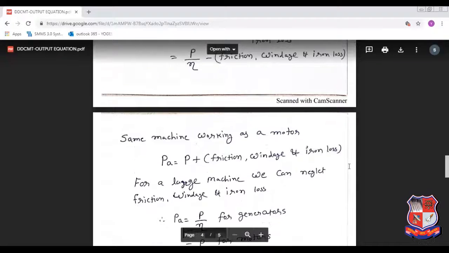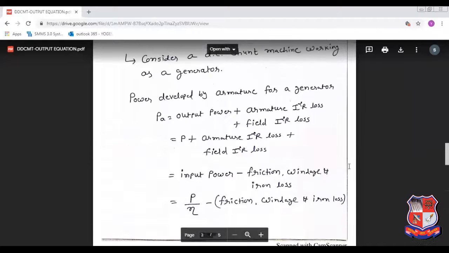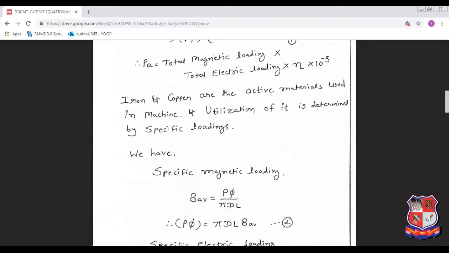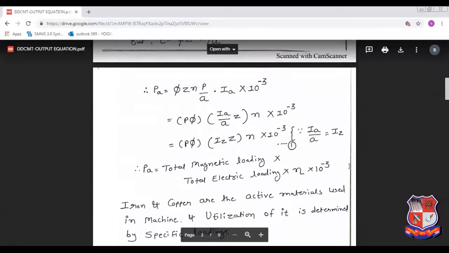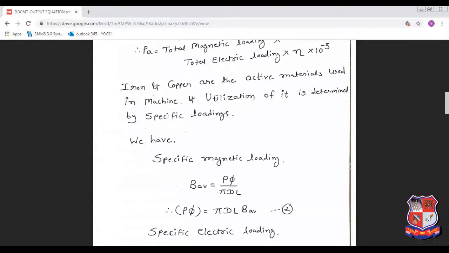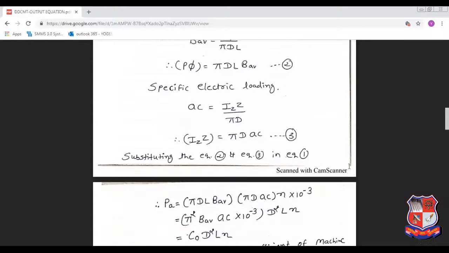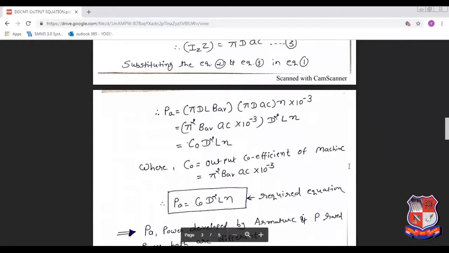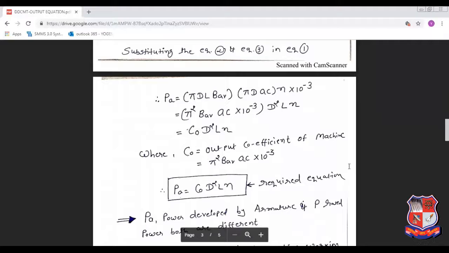So we must calculate the PA from P because in the example we have the rated power P. First we calculate the PA from the P and then calculate the output equation and find out the main dimensions of a machine.